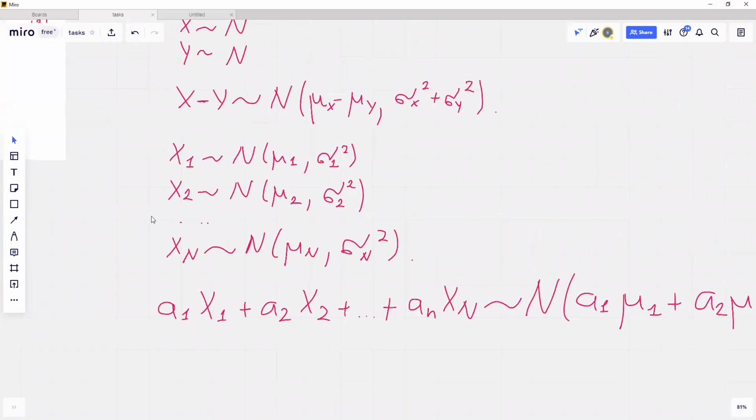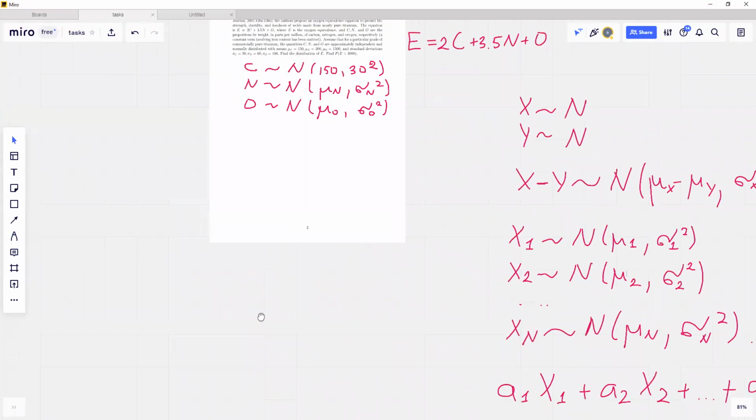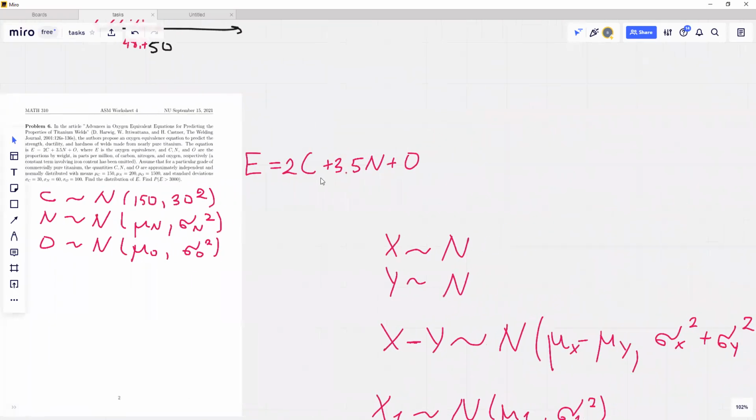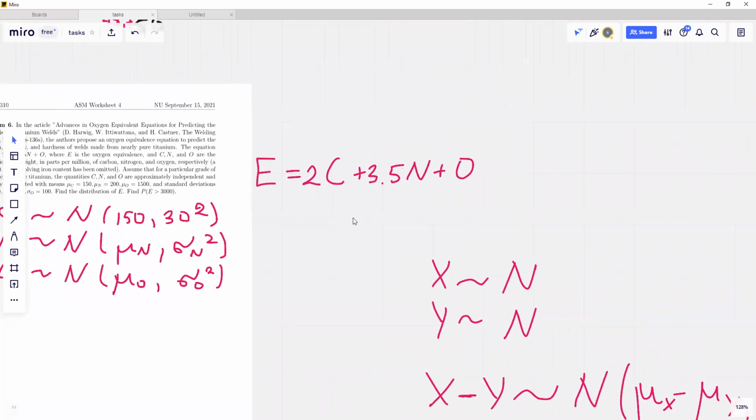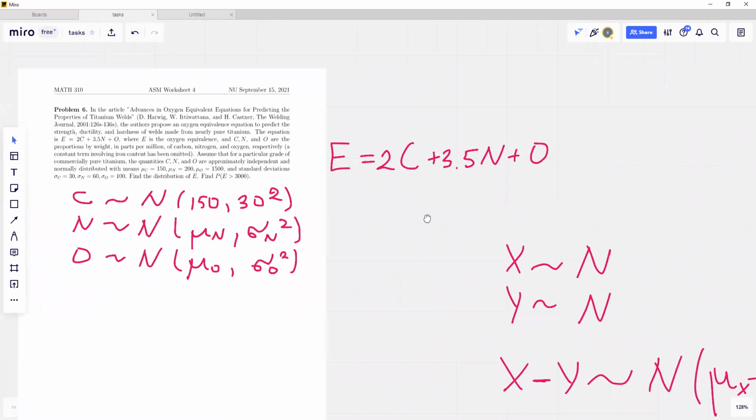If we have random variables that are normally distributed, then their linear combination is also going to be normally distributed. Okay, so this is exactly our case here. This is a linear combination of our normally distributed random variables.